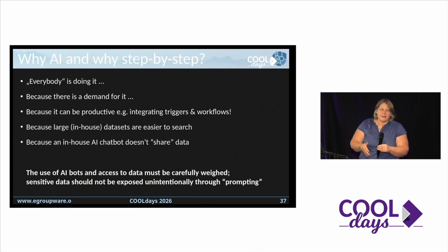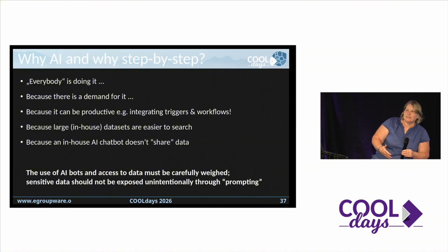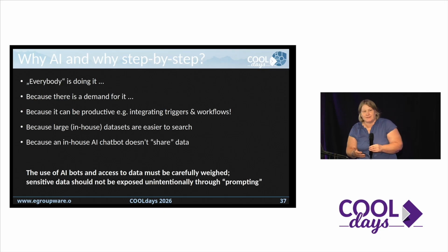And why did we do it, let's say, step by step? Because there is a lot of data. And as we all know, AI has a good chance by just chatting and prompting to maybe overcome rules you have set up. And therefore we said, okay, let's start with safe tools and then enhance it step by step.